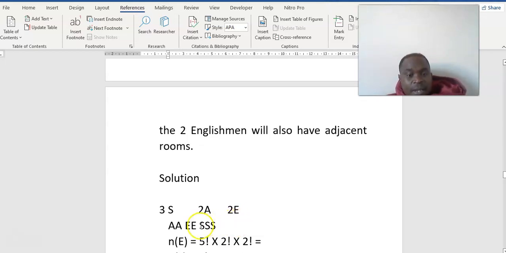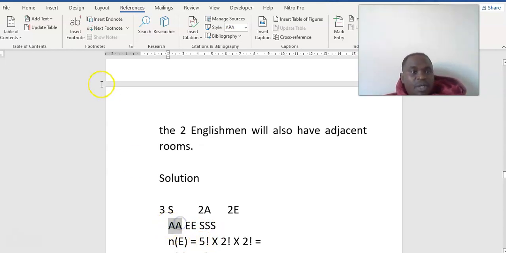Like that, alright. But I've written only one arrangement here, and I'm going to use it to answer. How do we do it? Good. These ones, you count them as a block. So you have 1, 2, 3, 4, 5. 5 factorial.